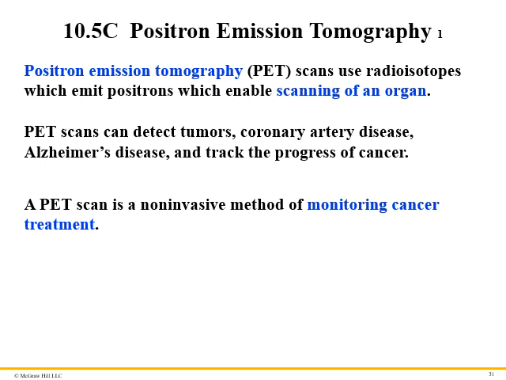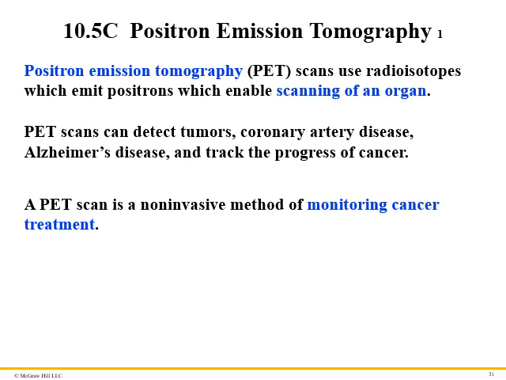Now, another type of technology that takes advantage of radioisotopes is positron emission tomography, or your PET scans. They use radioisotopes which emit positrons, as the name suggests, and they enable scanning of an organ. PET scans are useful for detecting tumors, coronary artery disease, Alzheimer's, and tracking the progress of cancer. A PET scan is a non-invasive method of monitoring cancer treatment.